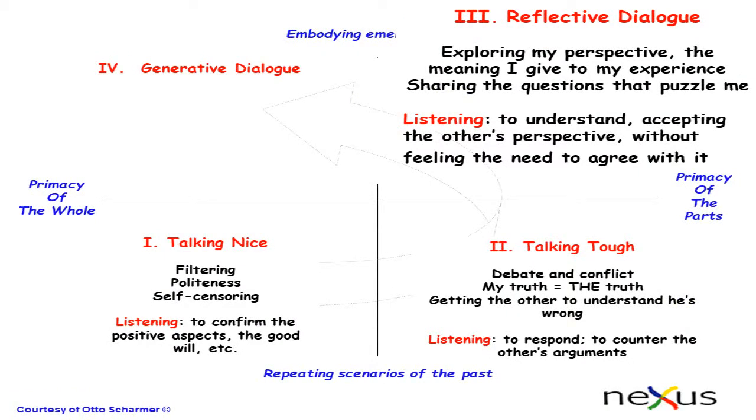communicating to the other that way from field number 3 is very different, because here what's important is that I'm just sharing my perspective. I'm sharing my experience, I'm sharing the meaning I'm making of that experience, and that might include my own questions, my own contradictions, my own intentions, but in any case I'm sharing these not to convince the other, but just to enable the other to feel, to understand, to sense what the world might look like from my perspective, what it might feel like to be me.